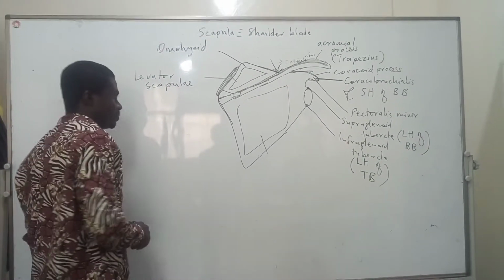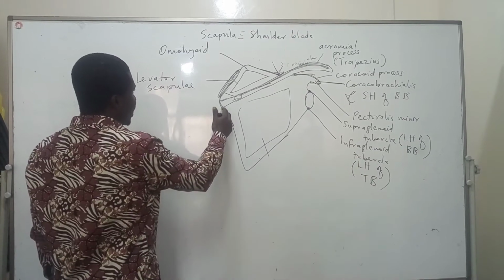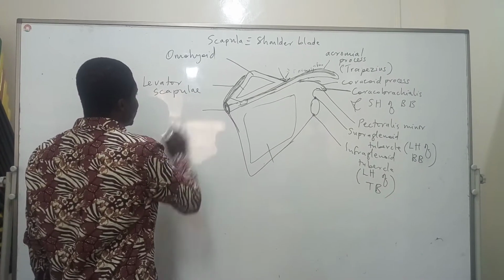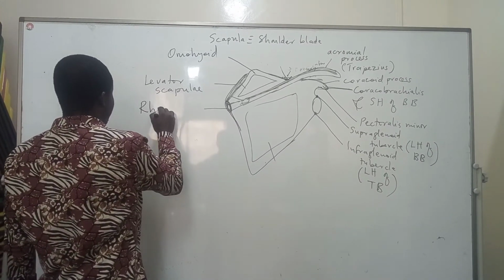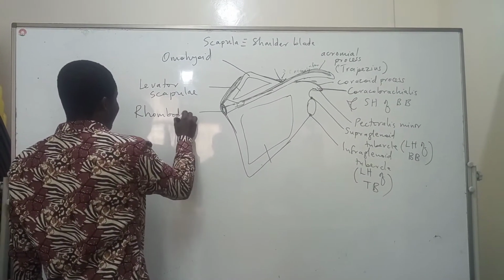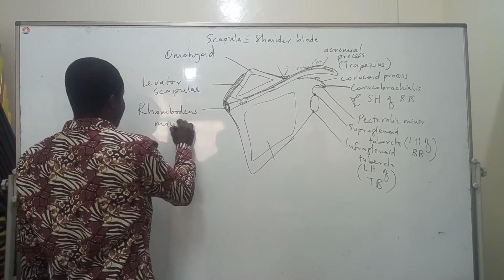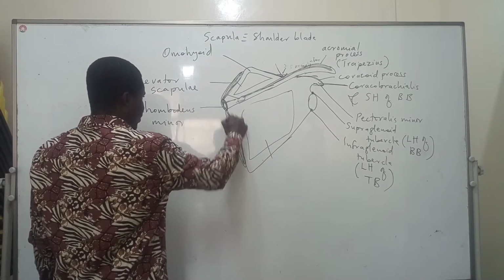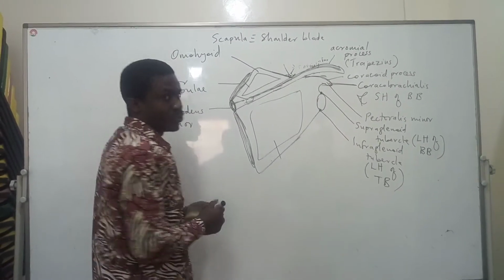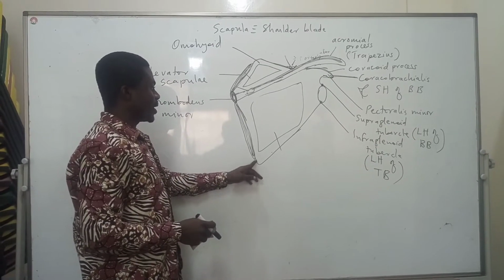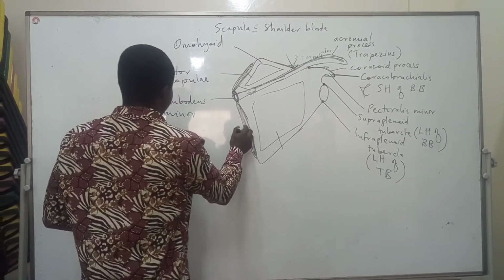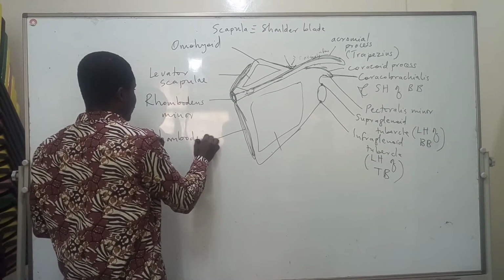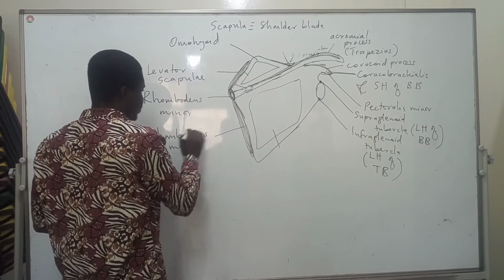At the root of the spine, there is attachment to the rhomboideus minor muscle. Majority below the root of the spine, but above the inferior angle, there is attachment to the rhomboideus major muscle.